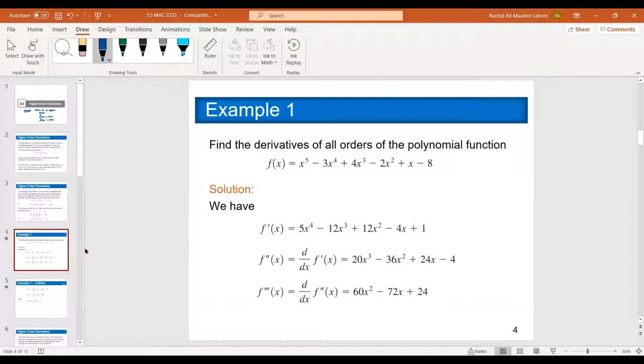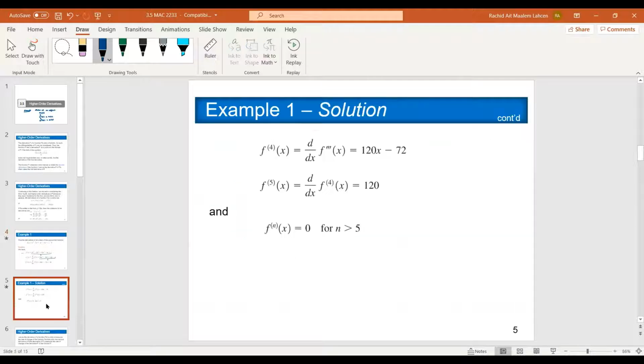For example, if you have this polynomial, you can differentiate to find the first derivative, then differentiate to get the second one, then differentiate to get the third one. You see, the second one is the derivative of the first one. With the other notation, if you want the fourth derivative, it means you're going to differentiate the third one, and so forth.